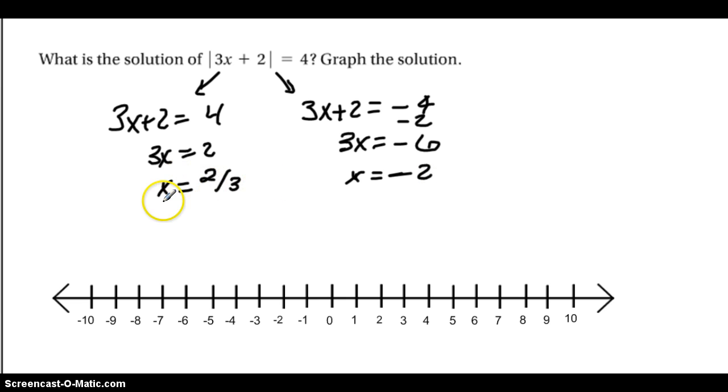So we can have this solution, 2/3, or negative 2. So I'm going to go to negative 2, make my dot, go down to 2/3, somewhere between 0 and 1, closer to 1, and there's our solution. Remember, these are just equations, so we're going to have just dots as our solution set.